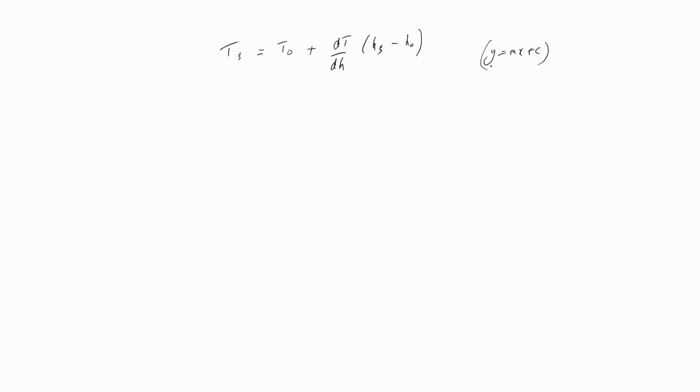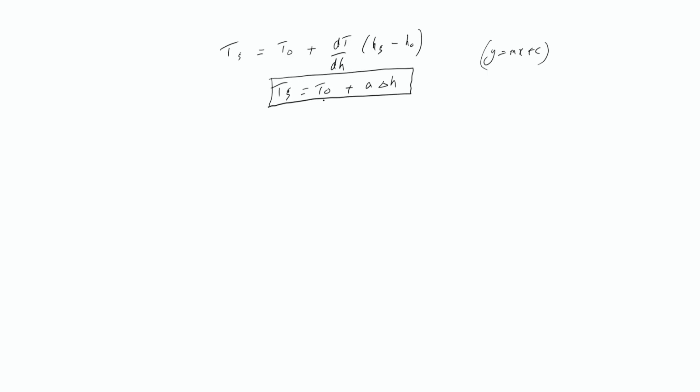This equation has come from this: T naught is the intercept, this is the slope, and this is the x variable, h5 minus h naught. So T5 equals T naught plus the slope dT upon dh times delta h. Now we know T5 also.